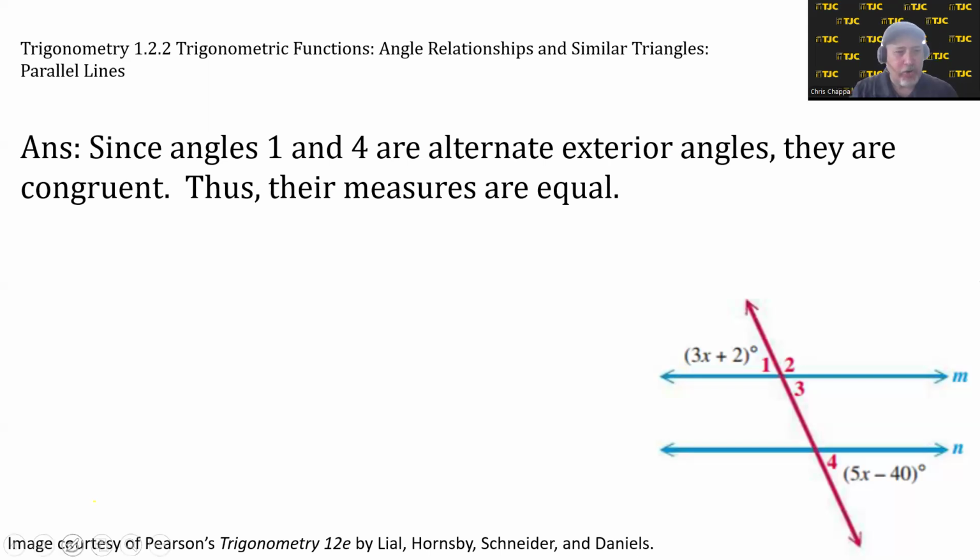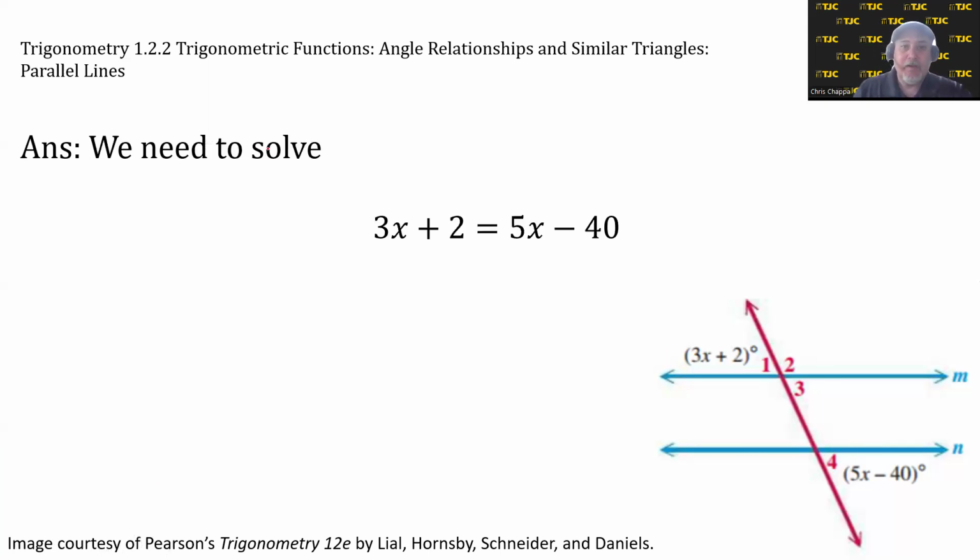If you weren't really sure, you can imagine taking this and cutting it and pasting it down here. And when you do that, the 3x plus 2 would land right here, which is a vertical angle to that one, which means that they are congruent. So we put 3x plus 2 equal to 5x minus 40 and solve it.